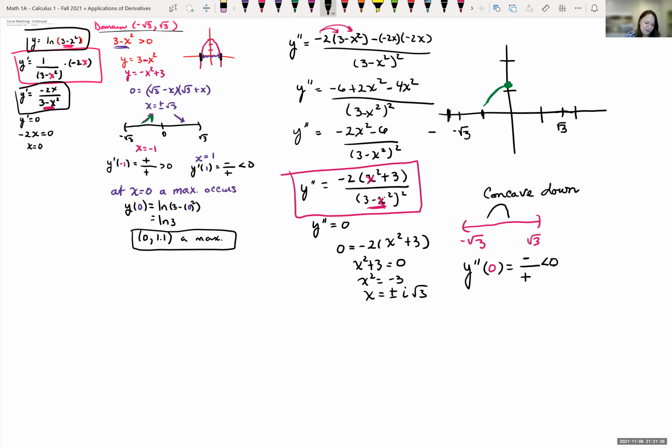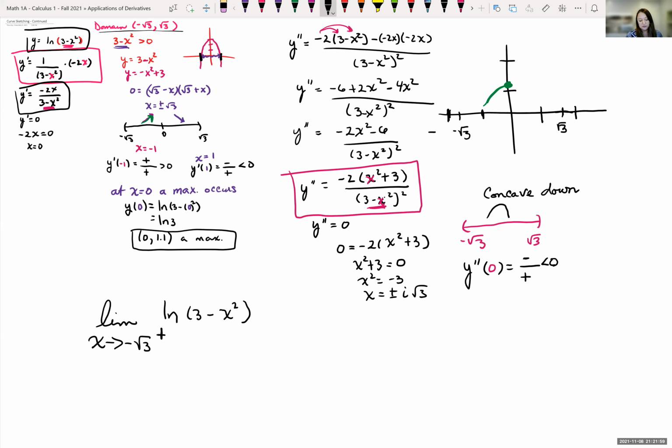So actually here, we can think of this as limits, right? We can look at this as a limit as x is approaching negative root 3 on the right-hand side of our original function, natural log of 3 minus x squared. So what happens here as we get closer and closer to negative root 3 on the right-hand side?